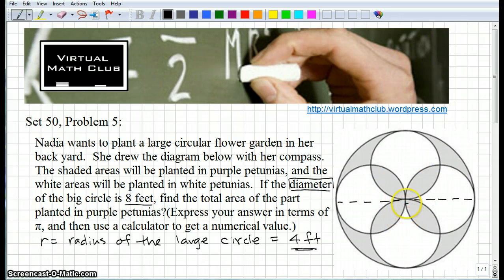But then I have to be careful, because each time I subtract the area of a smaller circle, I also subtract this little football-shaped wedge here, and I don't want to. So I end up subtracting 2 football shapes for each circle, 8 of those football shapes in total, but I have to add them back in afterwards because I want to keep those football shapes in there.